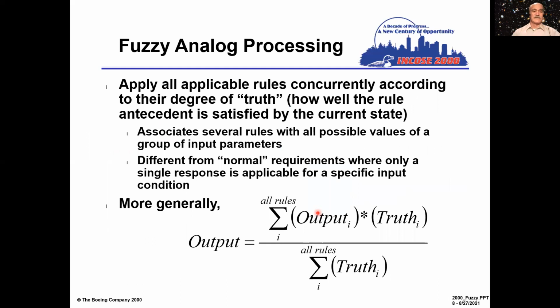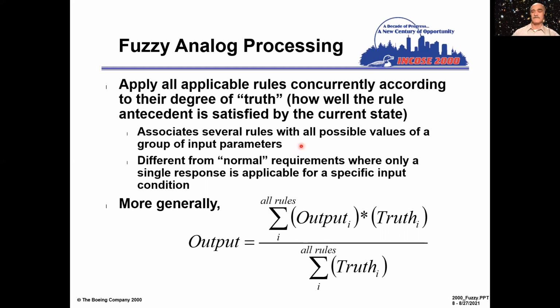In general, the way we do fuzzy processing is we apply all the rules concurrently to determine where the maximum value is. So their degree of truth, if you will, is how well the rule antecedent is satisfied by the current state. So we can associate several rules with all possible values of the input parameters.